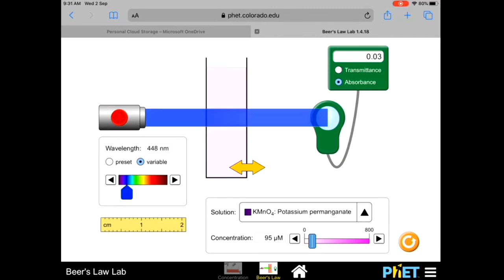Oh, and let's see, what if I now use a purple light to shine on it, and then I now change the concentration again. Well, it may still show some change in the absorbance. However, what's the problem?